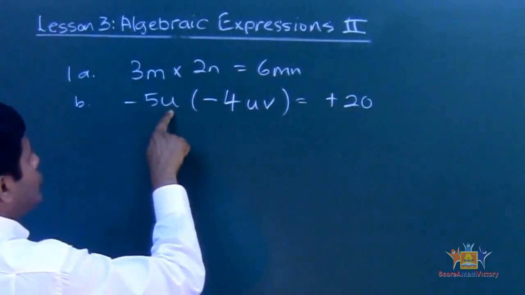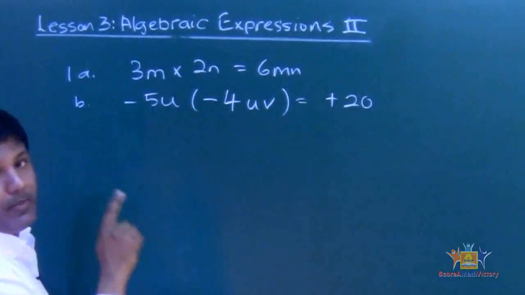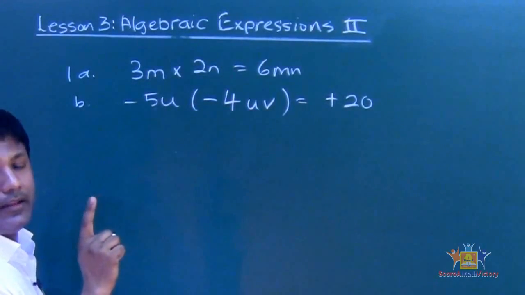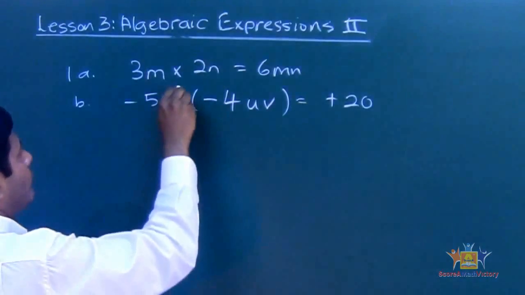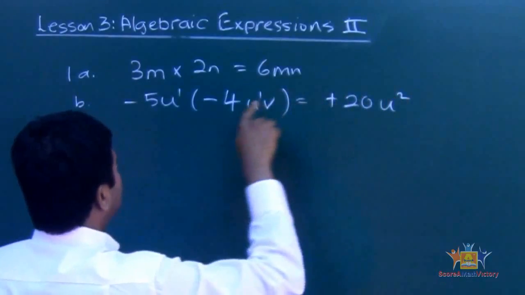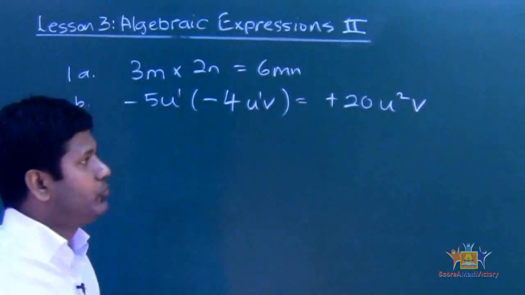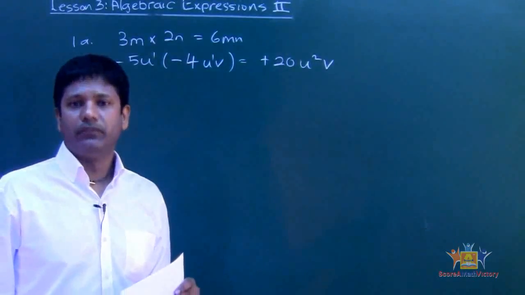And then u is looking for another u. Yep, there is one there. When you multiply, you add the powers. There's a 1 right there, 1 there. 1 plus 1 is 2, so u to the 2. And is there a v? No, then just bring that v right there. So 20u squared v.